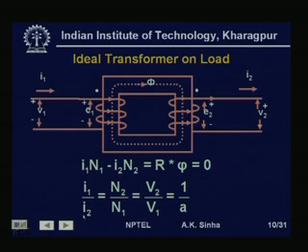Therefore, from this relationship we get I1 by I2 equal to N2 by N1, which is equal to V2 by V1, which is equal to 1 by A, where A is the turns ratio of the transformer, A equal to N1 by N2. So, this is how an ideal transformer works when it is loaded.